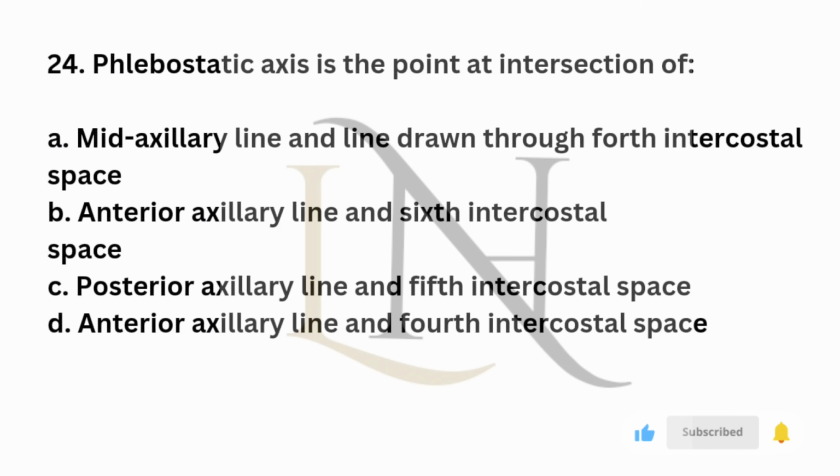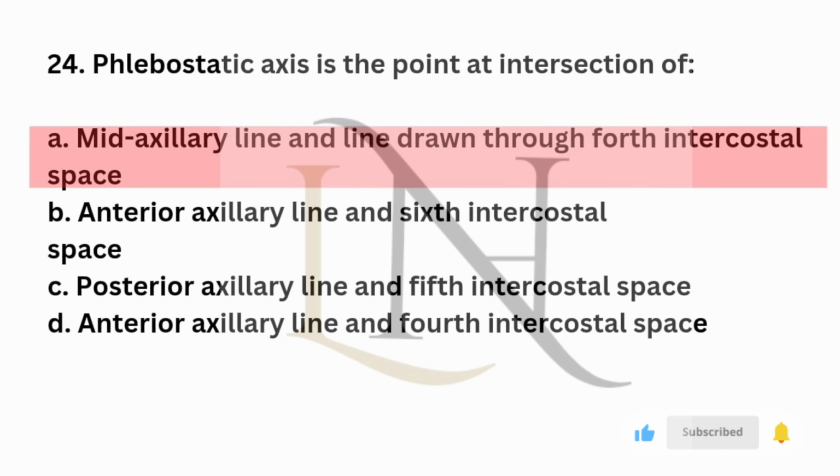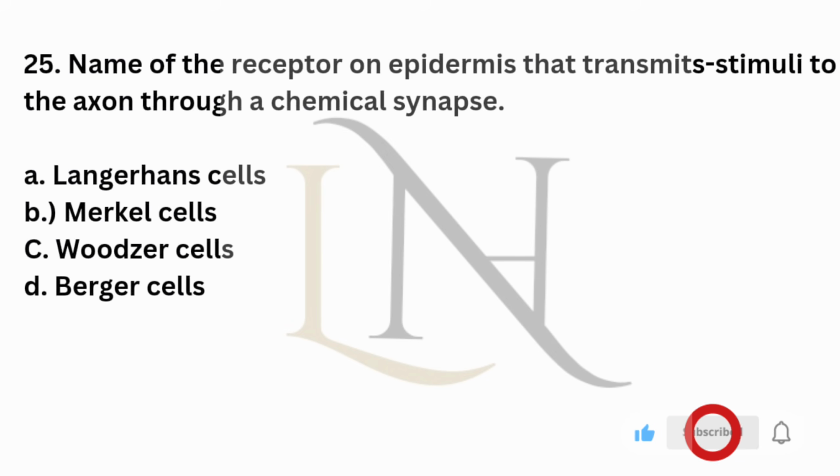Option C, posterior axillary line and fifth intercostal space. Option D, anterior axillary line and fourth intercostal space. Correct answer. Option A, mid axillary line and line drawn through fourth intercostal space. Next question.